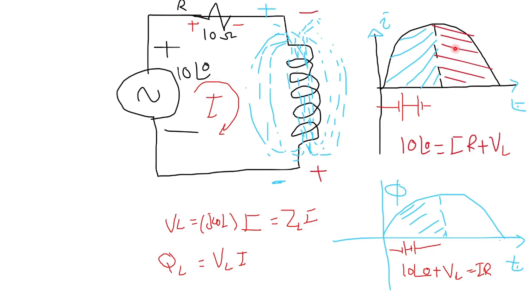In the second quarter of the wave, the current starts to decrease. This will cause the magnetic field on the coil to collapse, meaning that the energy stored on the coil would be released, and so there is no other path for this energy than the circuit.